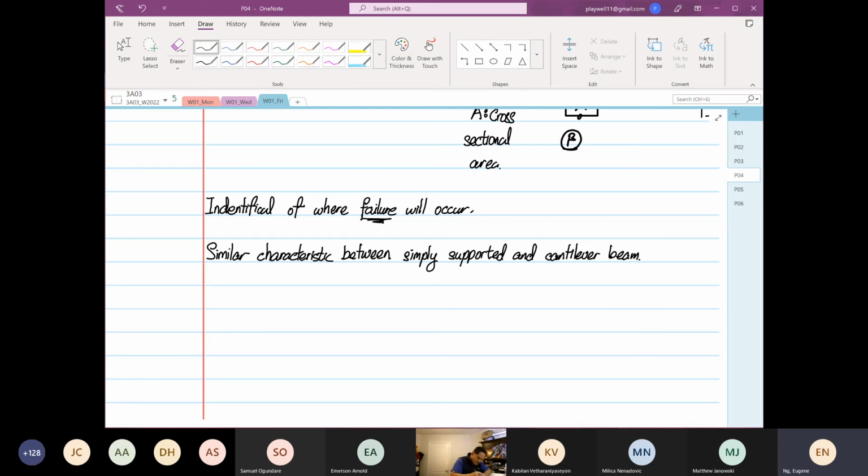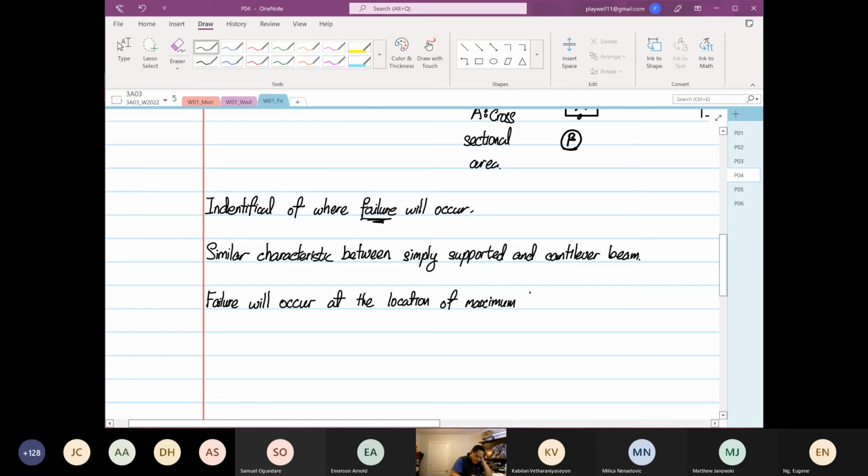So we know that failure will occur at the location of maximum loading condition.